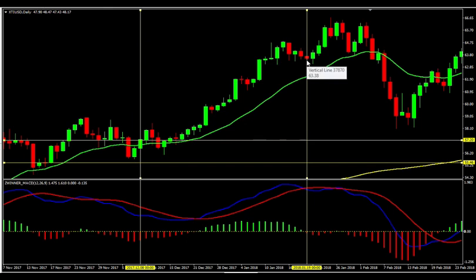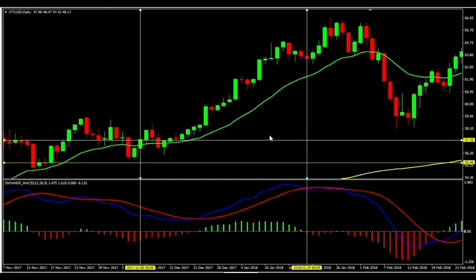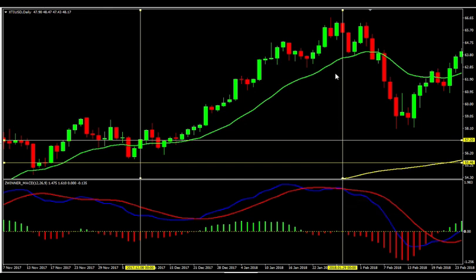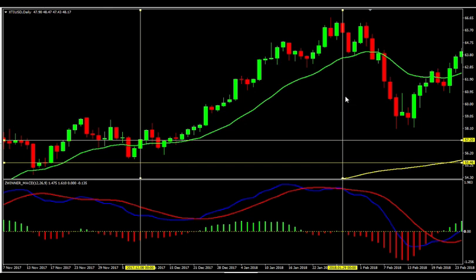So if you exit here, you make a profit of 62.6 points. Or if you exit at this point here, then your profit is going to be about 83 points.